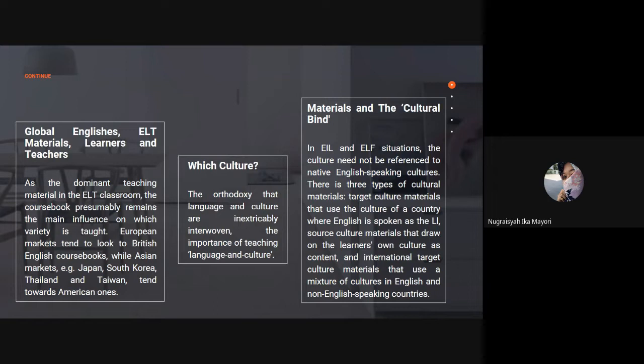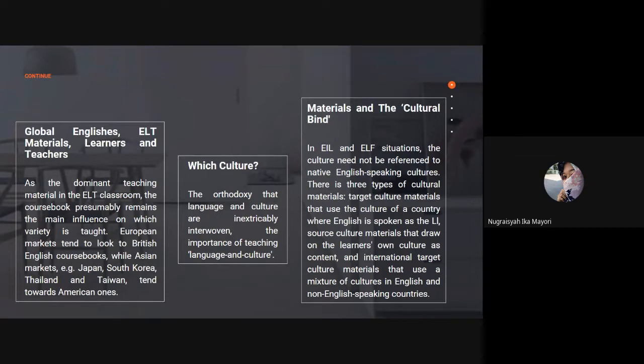Materials and the cultures. In EIL and ELF situations, the culture need not refer to native English-speaking cultures.